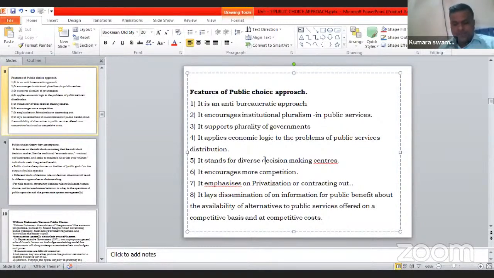The public choice approach applies economic logic to the problems of public services like distribution and other things.